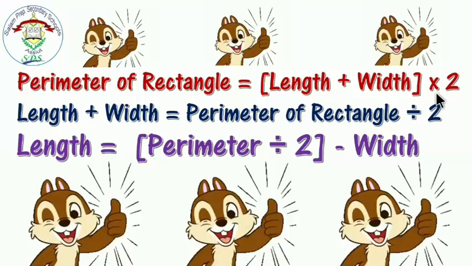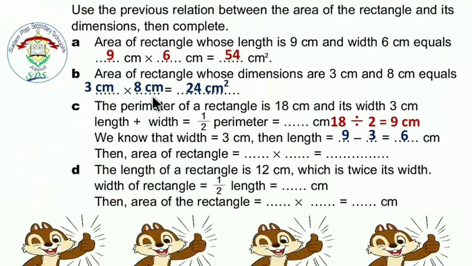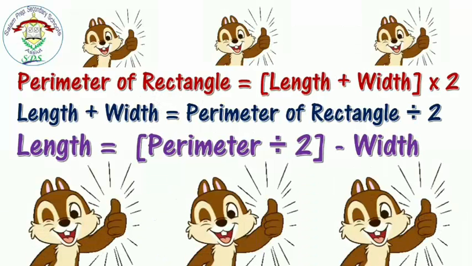If the sign is times, it goes to the other scale as divided by. Times its inverse divided, divided its inverse times, plus its inverse minus, minus its inverse plus. So length equals the perimeter of the rectangle divided by 2 minus width.